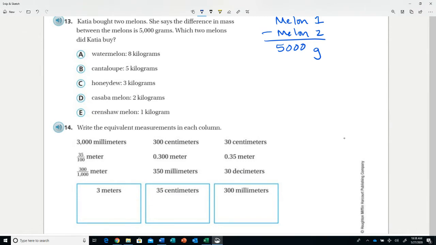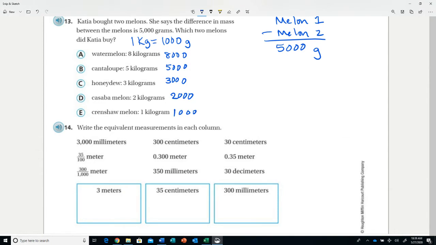First off, everything here is in kilograms, so 1 kilogram is equal to 1,000 grams. So 8 kilograms is 8,000 grams, 5 kilograms is 5,000, 3,000, 2,000, and 1,000.